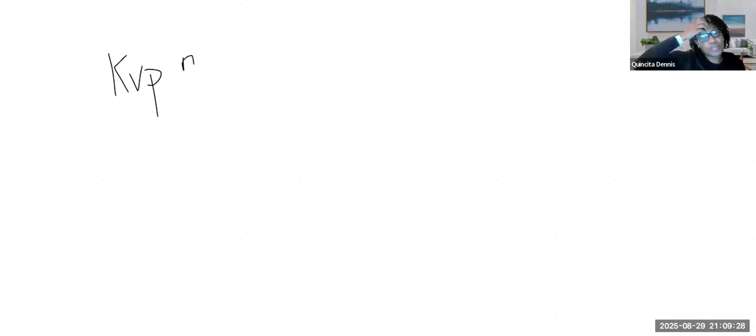If I wanted to increase the density or the darkness in my image, what would that new kVp be? Vice versa, if I wanted to decrease it, tell me what that kVp would be.